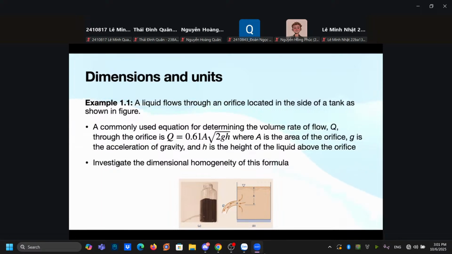So you need to investigate the dimensional homogeneity of this formula. We need to prove that both sides of the equation have the same dimension, and what is the dimension of both sides of the equation.